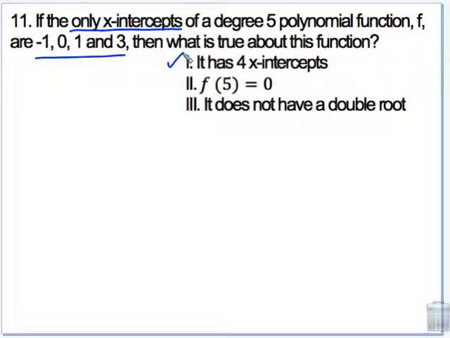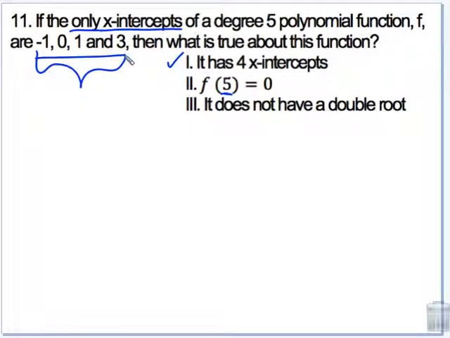The next statement, f of 5 equals 0. So how can I know whether that's true or not if I don't even know the equation? Well, if 5 was an x-intercept, then when I plug it into the equation, it will give me a 0. Is 5 one of these x-intercepts? Those are the only x-intercepts I have.